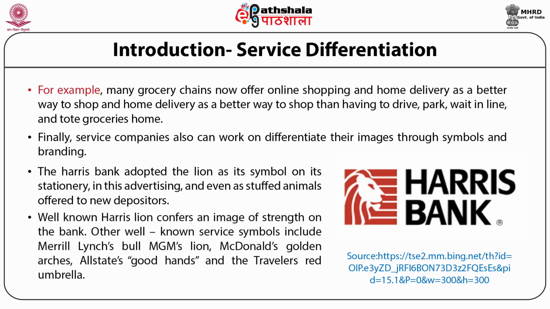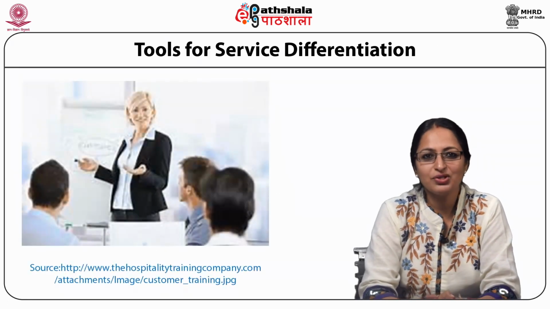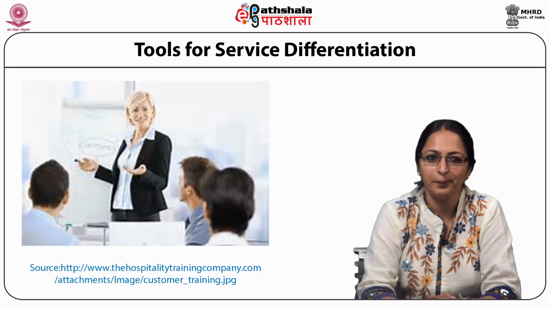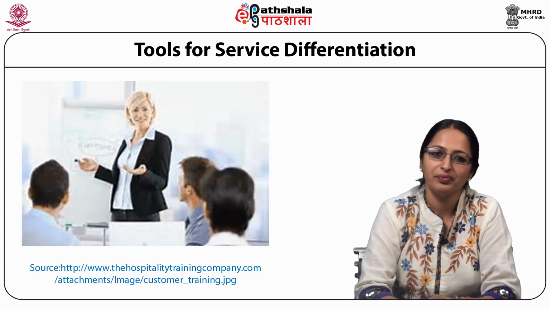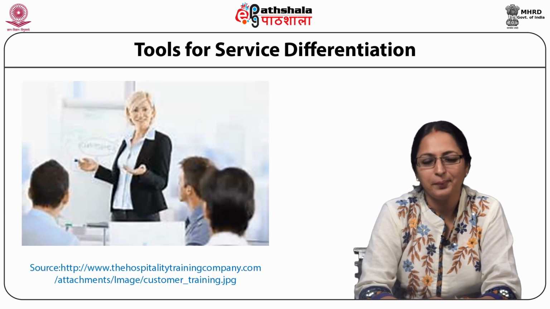Other well-known service symbols can also be discussed, like Merrill Lynch's bull, MGM's lion, and McDonald's golden arches, to name just a few. Having discussed service differentiation, let's talk about the various tools for service differentiation.